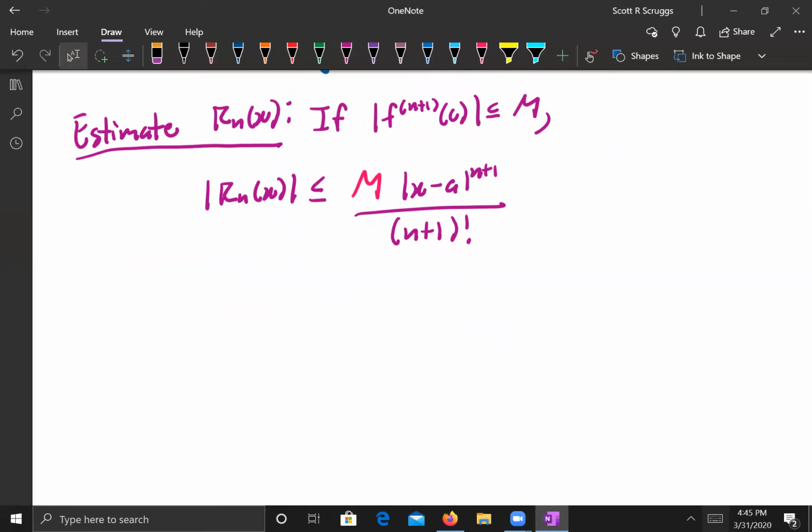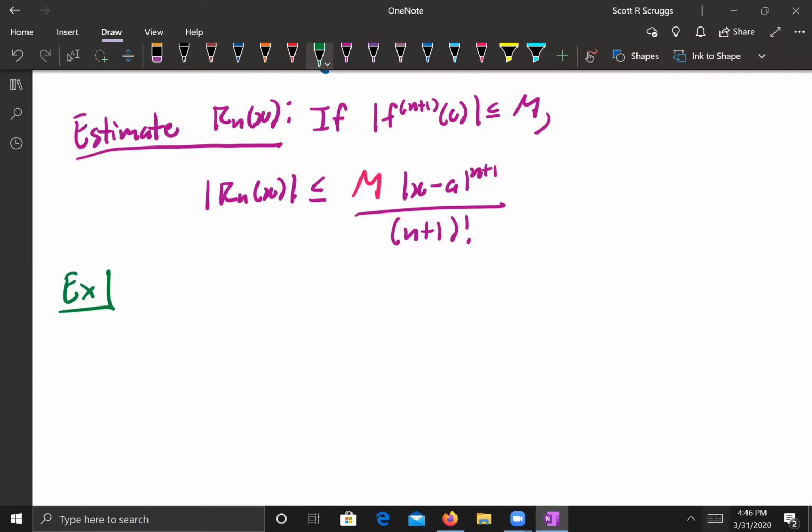And using that, let's go through an example of us doing that. In this one, I'll actually walk through a little bit more, and that's because I think estimating the remainder is the hardest part of section 11.1. And so I want to finish up our estimating by going through one example and then giving y'all one to work on.